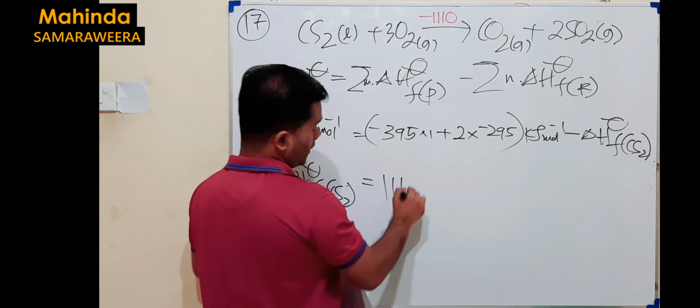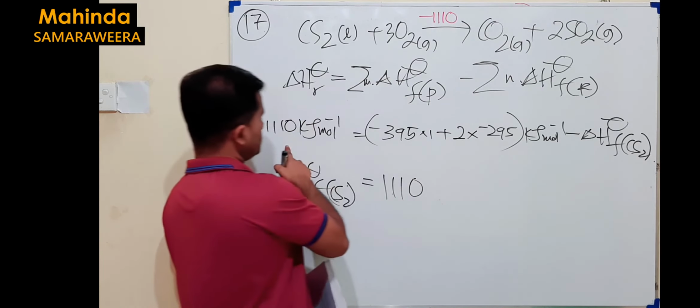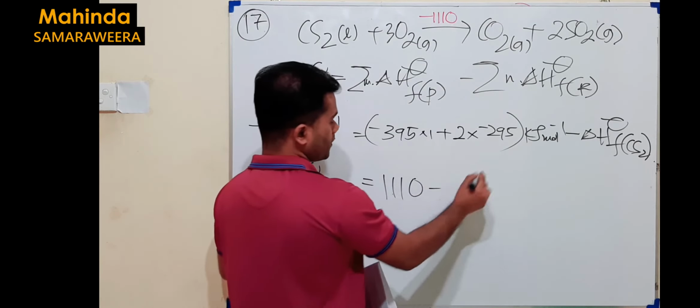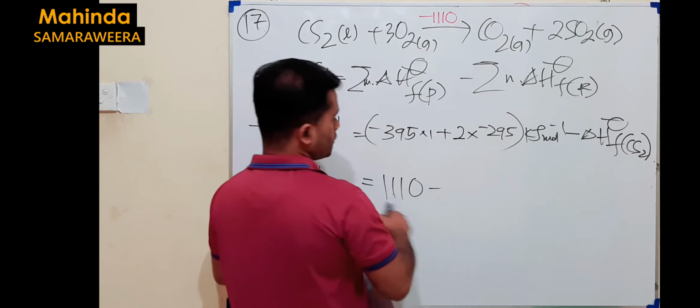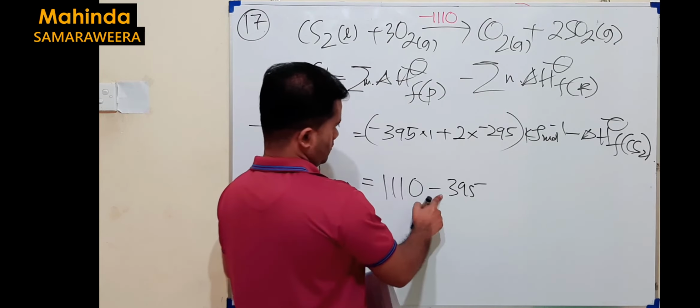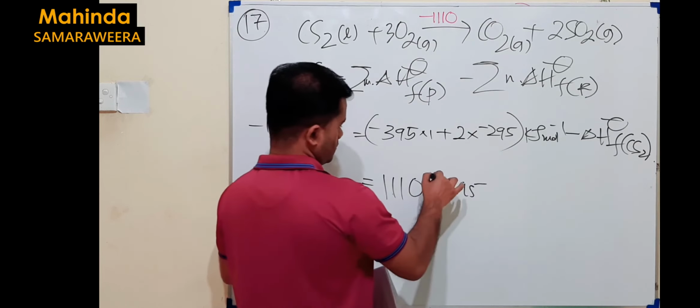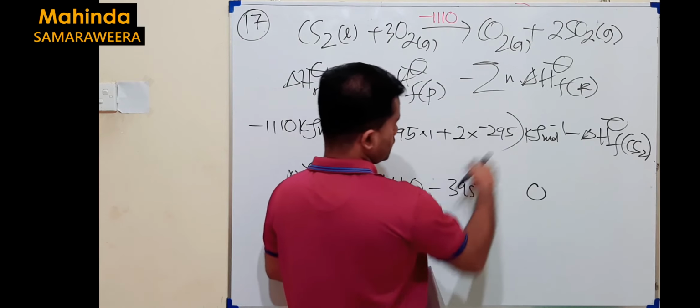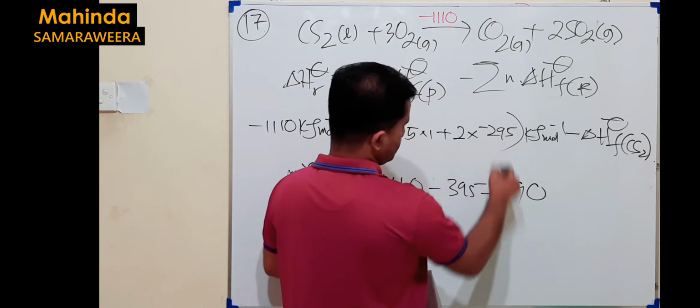Then 1110. This becomes plus now. And this will be minus. Minus, minus. It will be minus 395. Minus 2 times 295, it's 590. 1110 minus 985 gives plus 125.